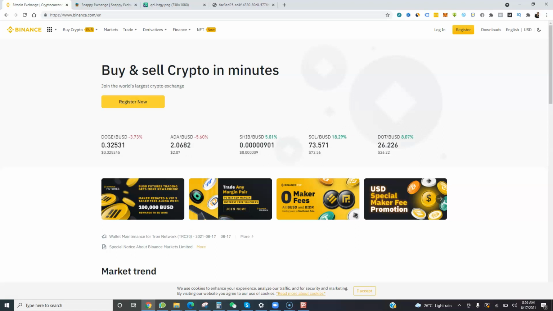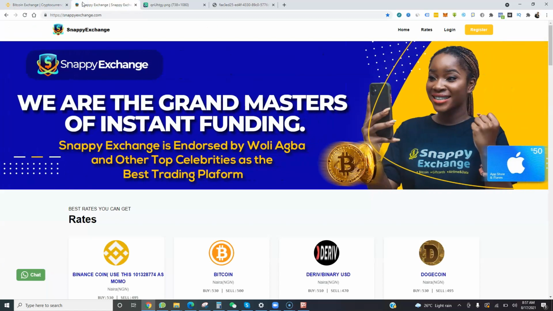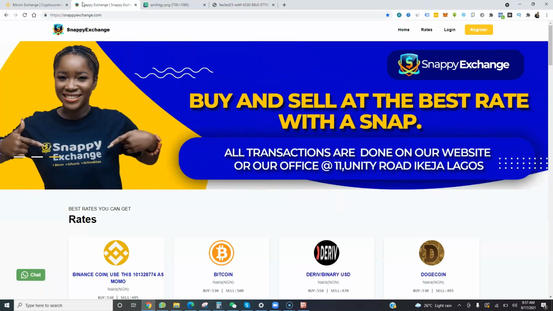But buying USDT on Binance, you need to go through P2P. So either Binance or Snappy Exchange, you can make use of them. You can buy and sell on Snappy Exchange. All right, let's go.